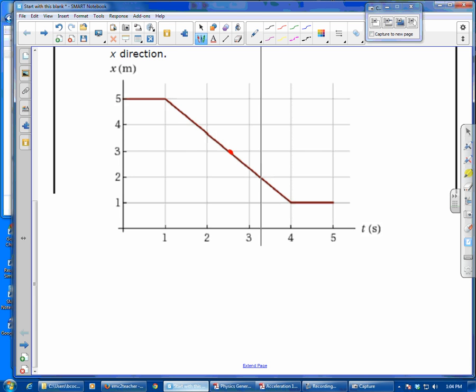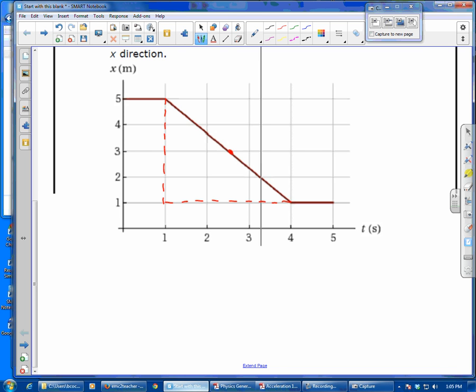So I know if I'm looking for the velocity at that point, I'm looking for the slope at that point. And I remember from math, it's rise over run. So let's see, my rise. Oh, it's that way. My run is that way. My rise is from 5 to 1.